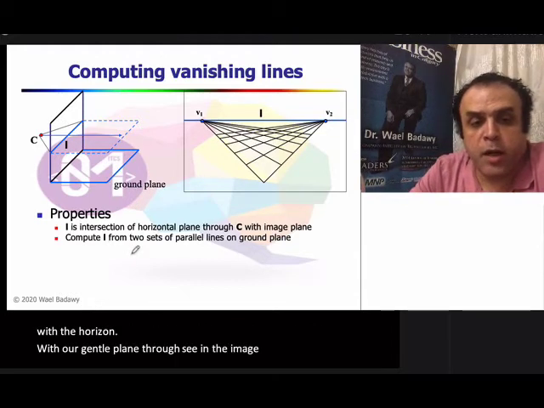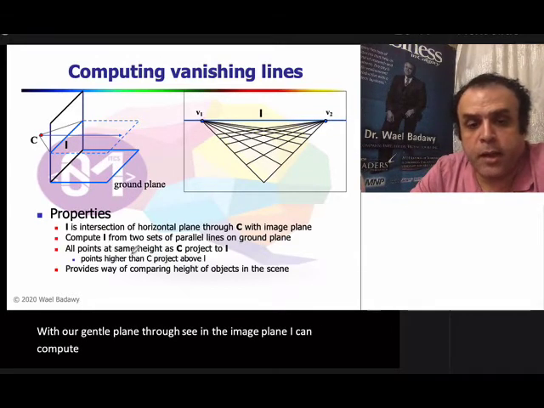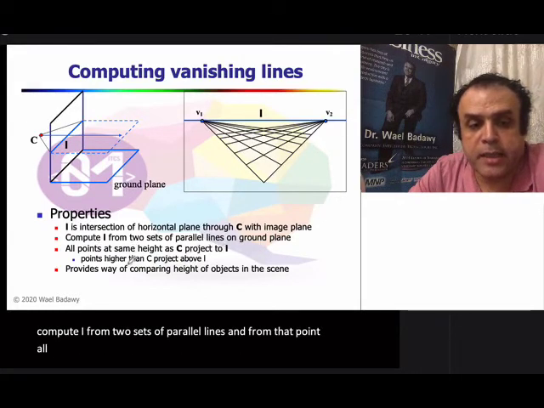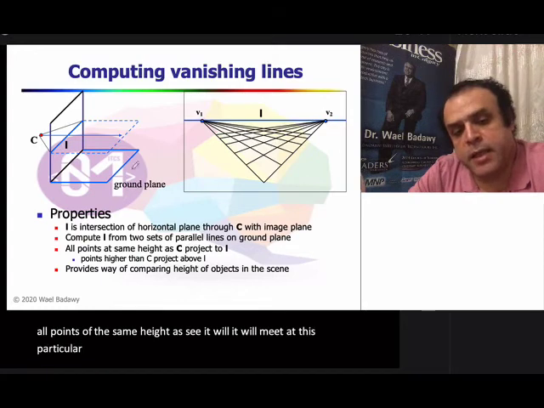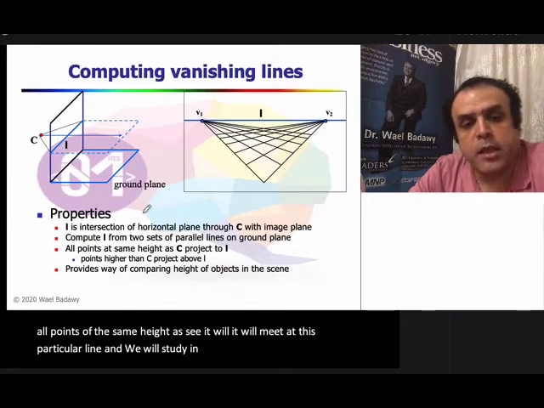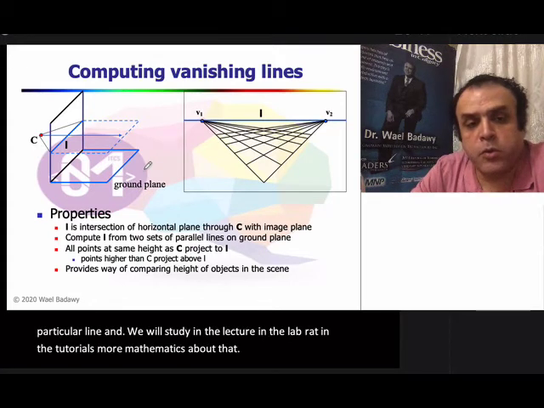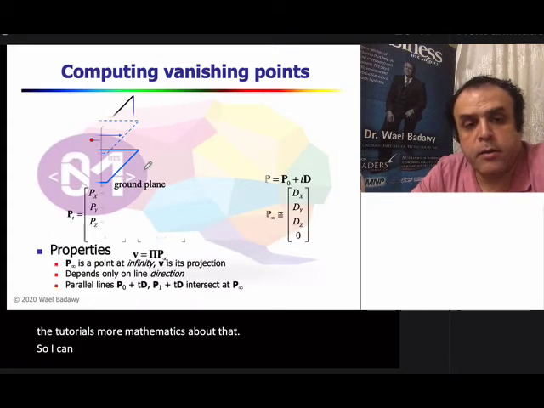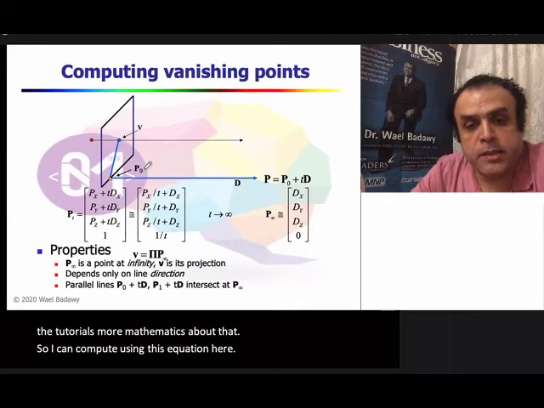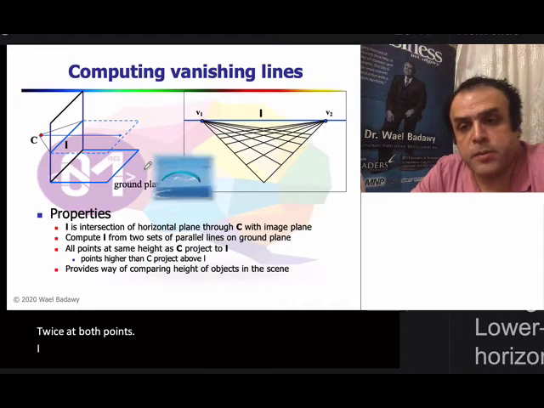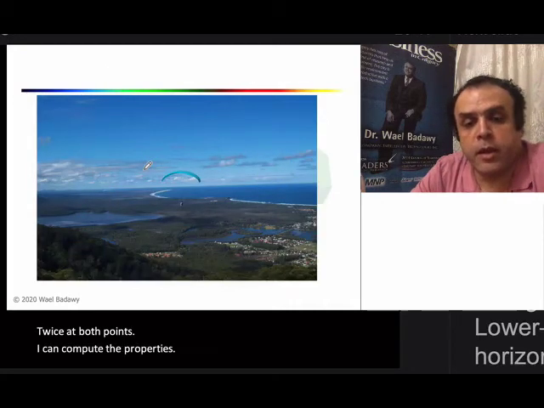I can compute it from 2 sets of parallel lines, and from that point, all points of the same height as C will meet at this particular line. And we will study more mathematics about that in the laboratory and the tutorials. So I can compute using this equation here twice at both points. I can compute the properties.